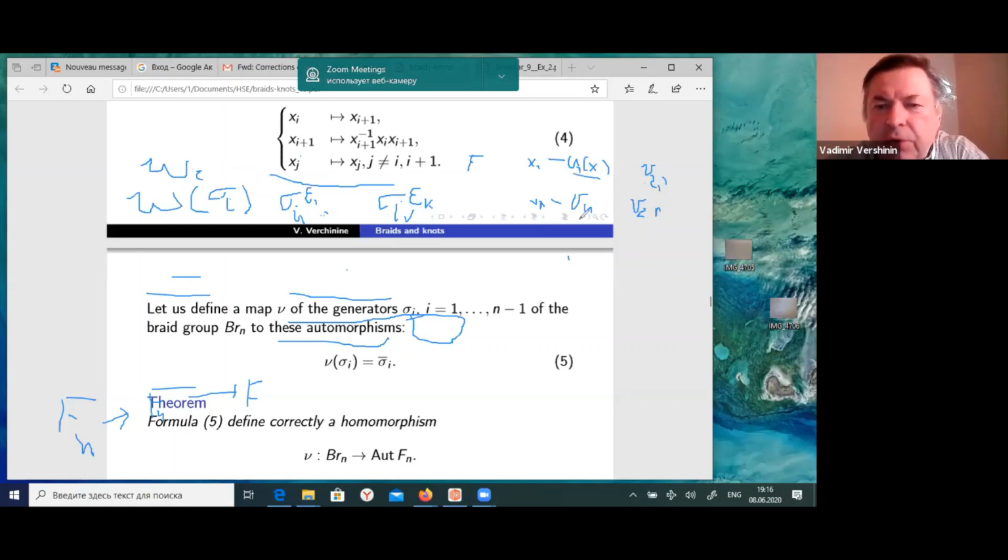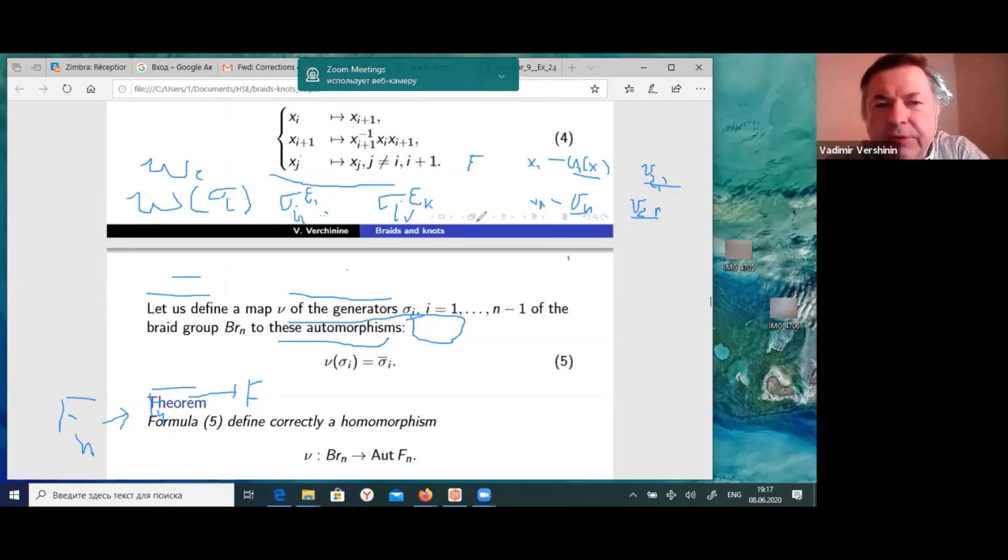Imagine that you are a computer, you just formally consider these words in reduced form. And the automorphisms coincide if these reduced words, all of them, are the same. This is a complete solution of the word problem for the braid group.